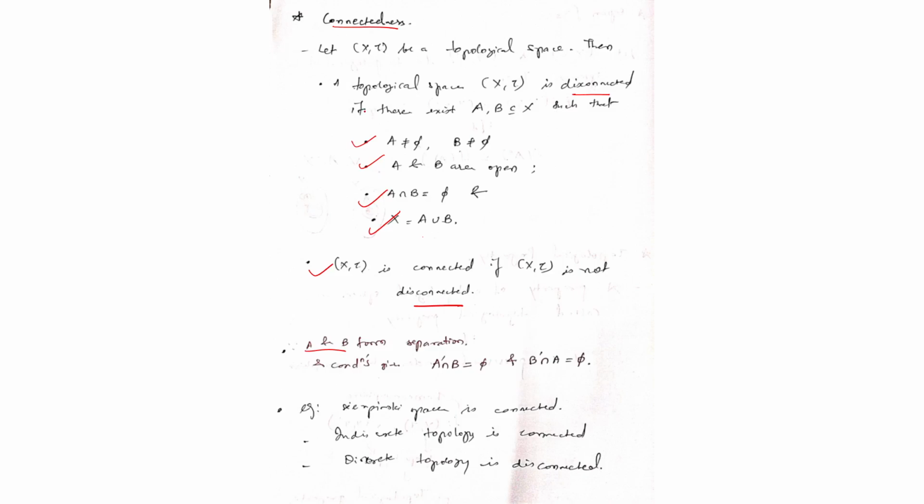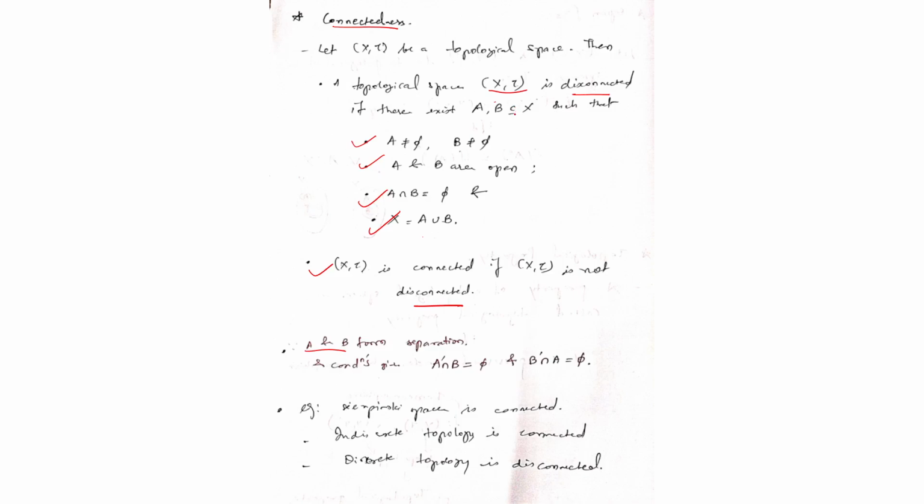Next comes connectedness. Let (X, τ) be a topological space. Then a topological space (X, τ) is disconnected if there exist A, B subset of X such that A is non-empty, B is non-empty, A and B are open, A intersection B is empty, and X equals A union B. If all these four properties are satisfied, then we can say that the topological space (X, τ) is disconnected.